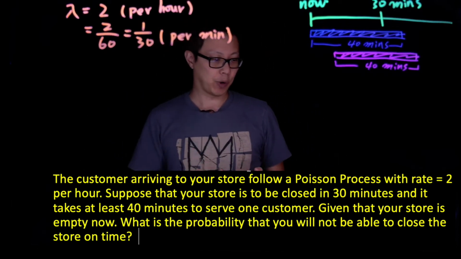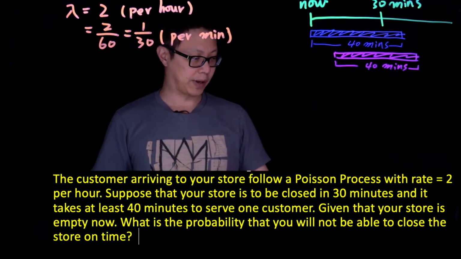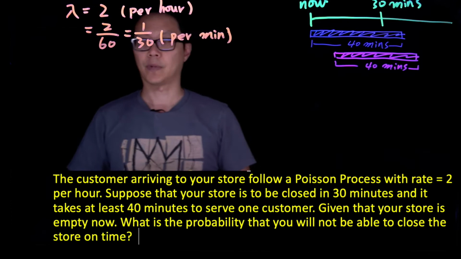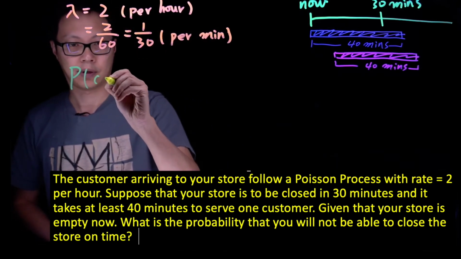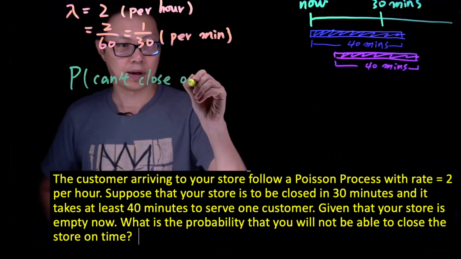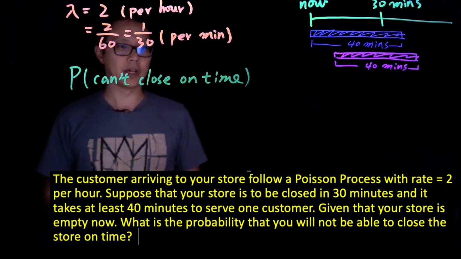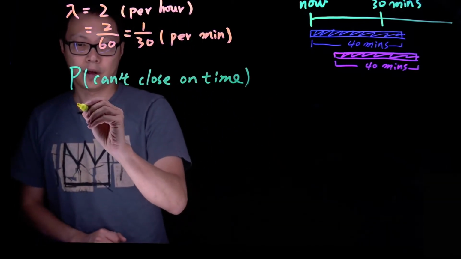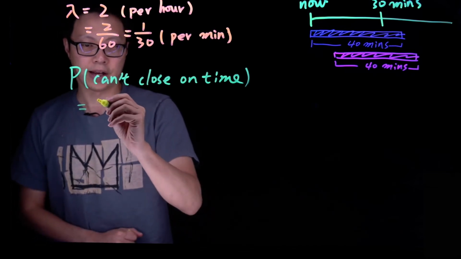So the next thing we want to do is to find out the probability that you cannot close the store on time. So how can we do that? We know the probability that you can close on time will be all the possibility that you are getting no customer within the next 30 minutes.